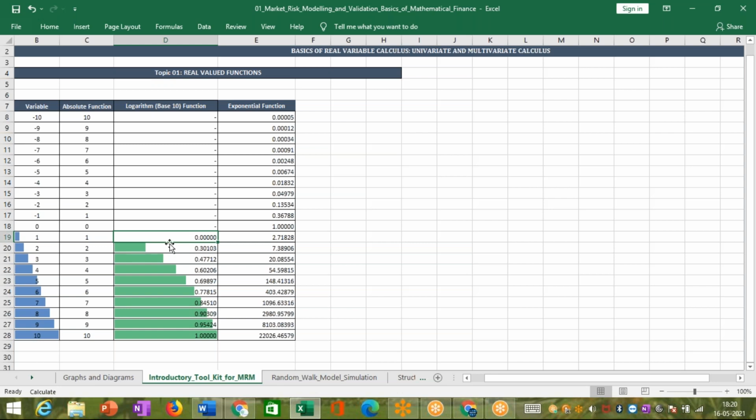So what was that value of x which has led to this log x of 0? Then it is the exponential function. Observe that e to the power of 0 is 1 and log of 1 is 0. So the inverse of the logarithmic function is the exponential function.